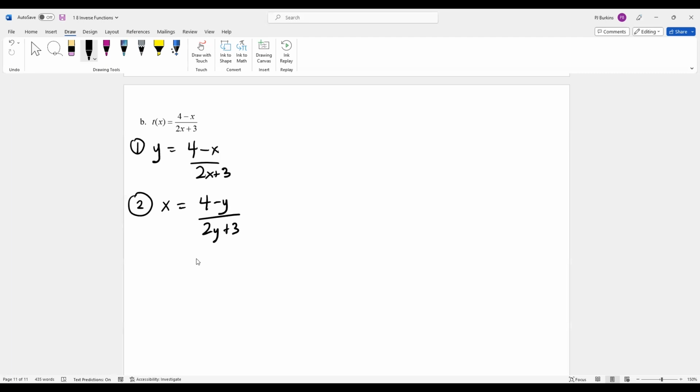Remember that we're going to simply multiply this to the other side. Then we're going to distribute this to both pieces. So that's going to be 2xy plus 3x equals 4 minus y.